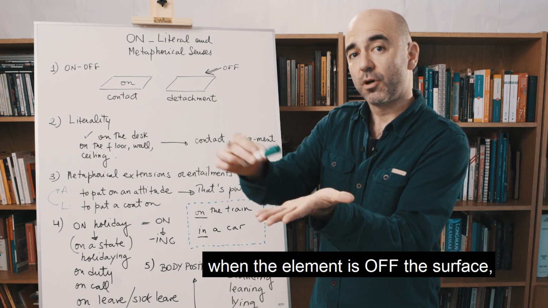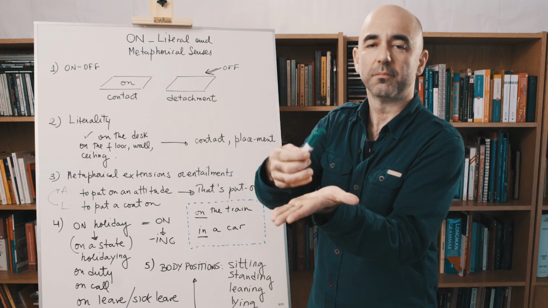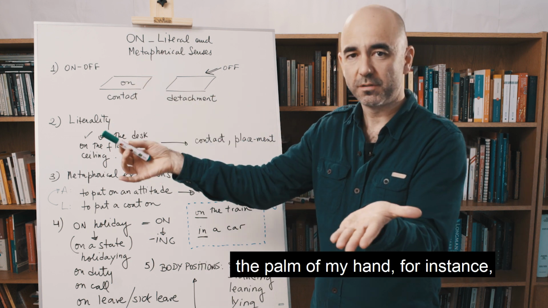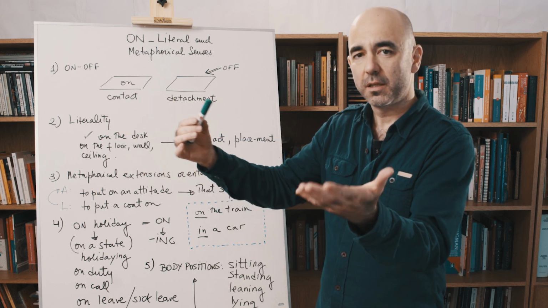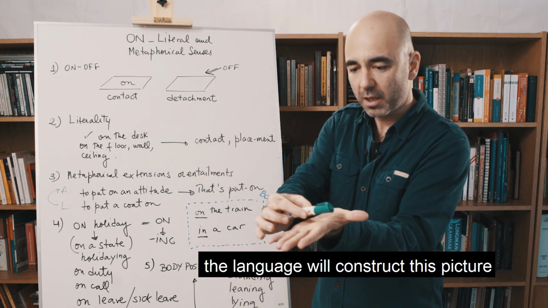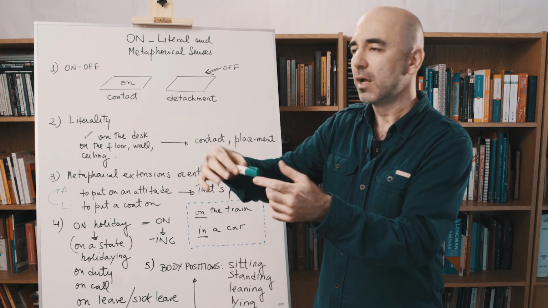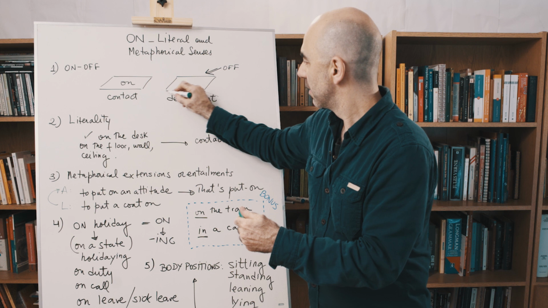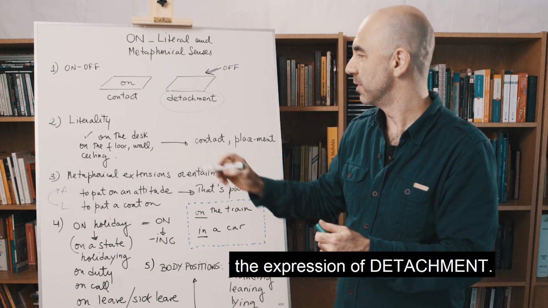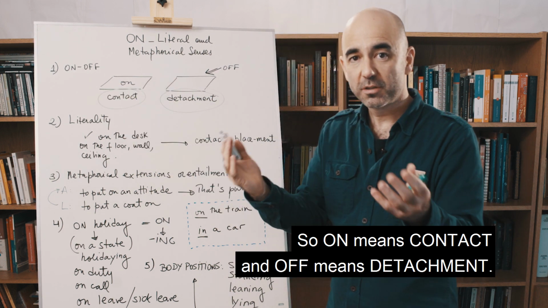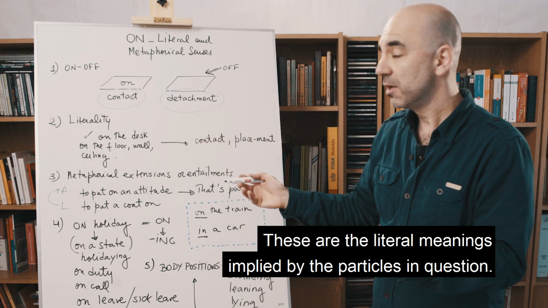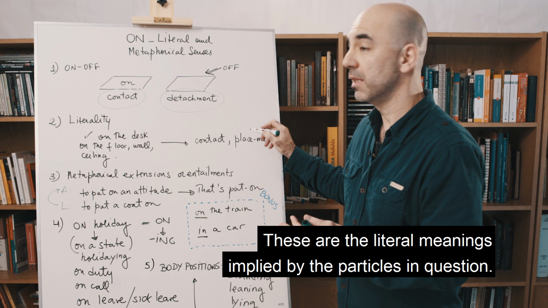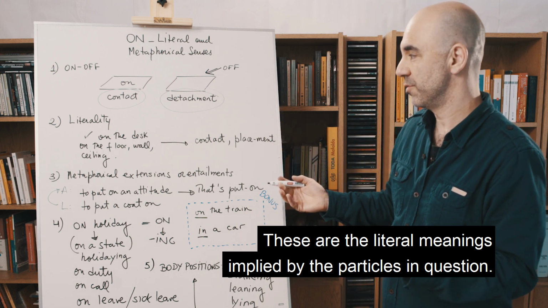When the element is off the surface, the palm of my hand, for instance, we are going to say that the language will construct this picture as the expression of detachment. So on means contact and off means detachment. These are the literal meanings implied by the particles in question.